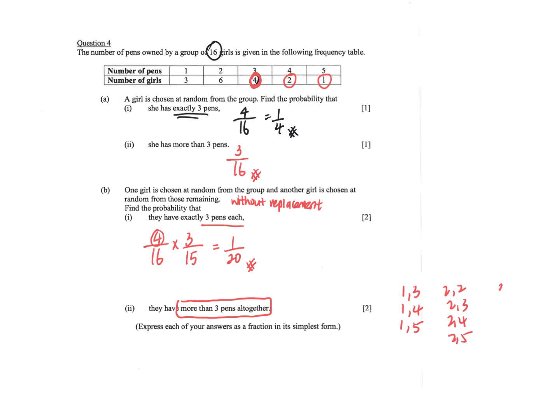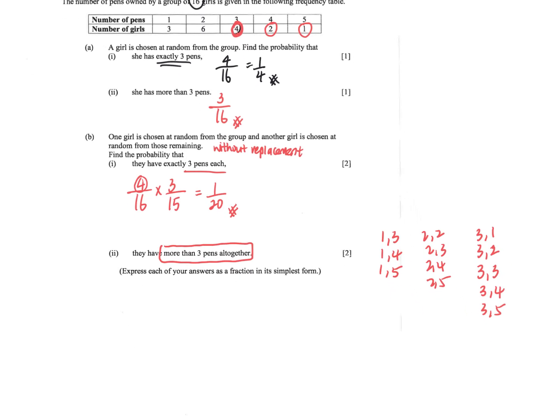Unless you want to go ahead and add all this up, which is so much to do. I have so many combinations where they will have a total of more than 3 pens. So I don't want to do this, but I want to do 1 minus the probability of both having less than 3 pens, 3 or less.